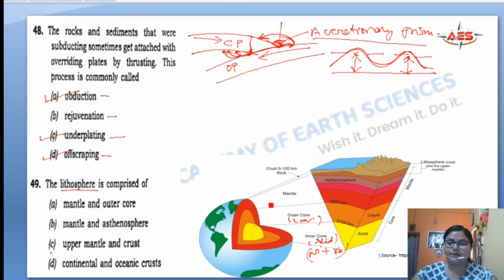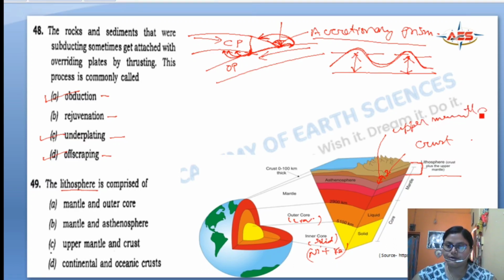Now in this case what we have is the lithosphere. Lithosphere, as you can see here, this part represents the lithosphere, and this part is the crust, and this deep brown part is the upper mantle.